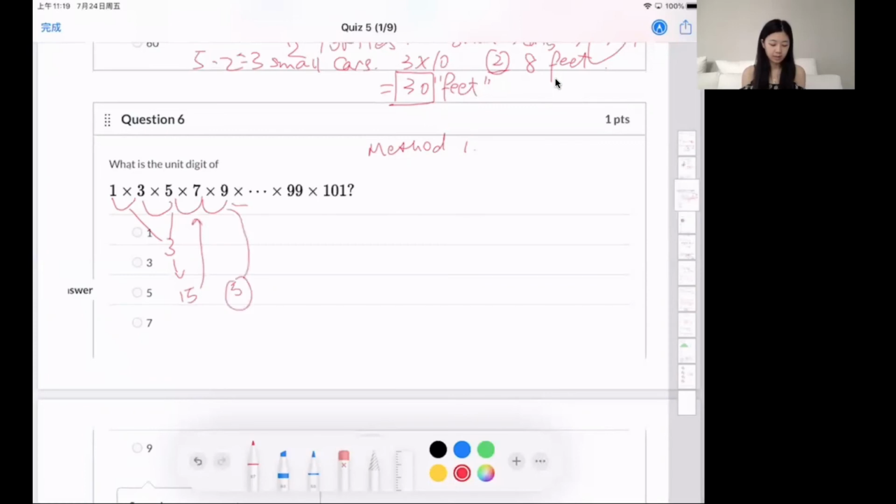And then 5 times 9 is 40 something 5 again. So we can see the pattern is some number ending with 5, right? So the unit digit is 5. This is the first method, but since there are not that many numbers, this way you can do it. Method 2.